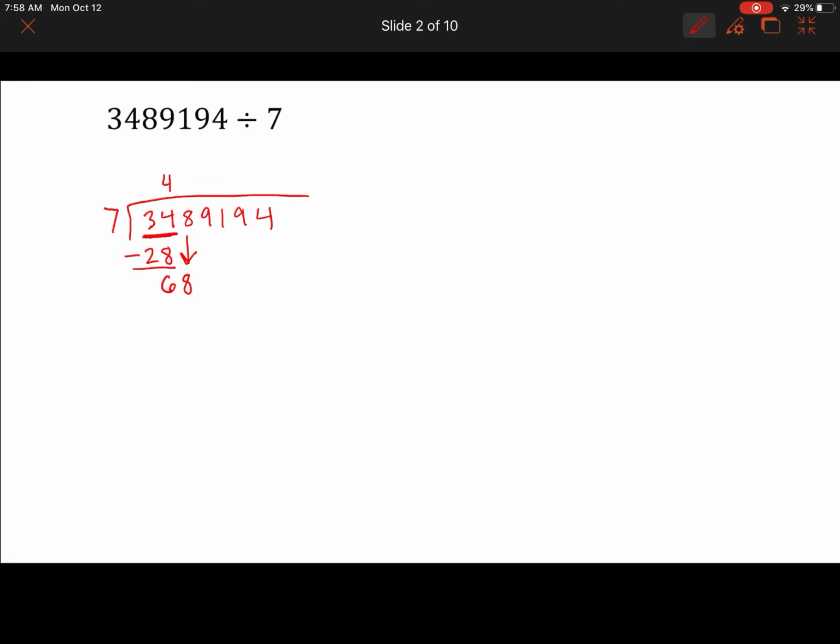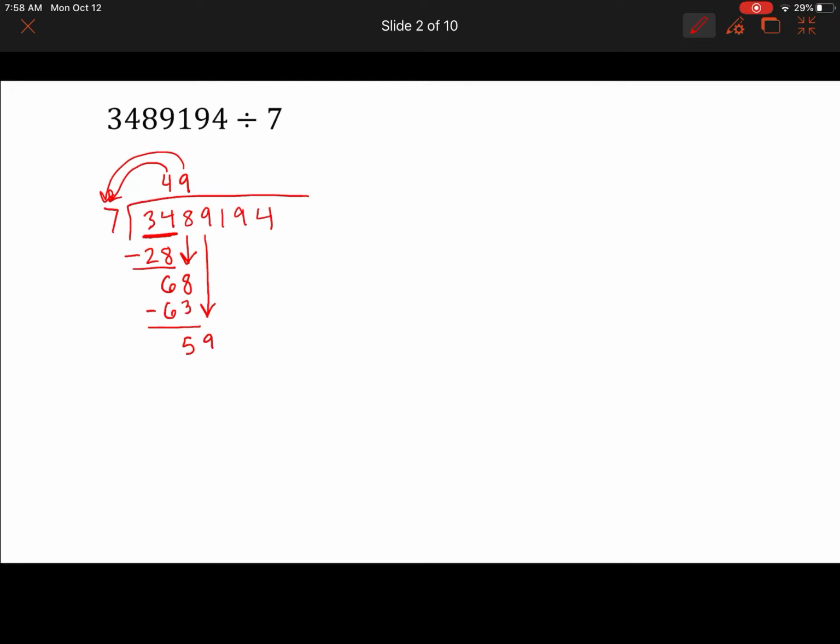You repeat yourself a lot of times with long division. 68 divided by 7 is 9, and then 9 times 7 is 63, so we put the 63 under here because that's what I divided out. We subtract, and we have 5 left over. Then we bring the next one down, 59.